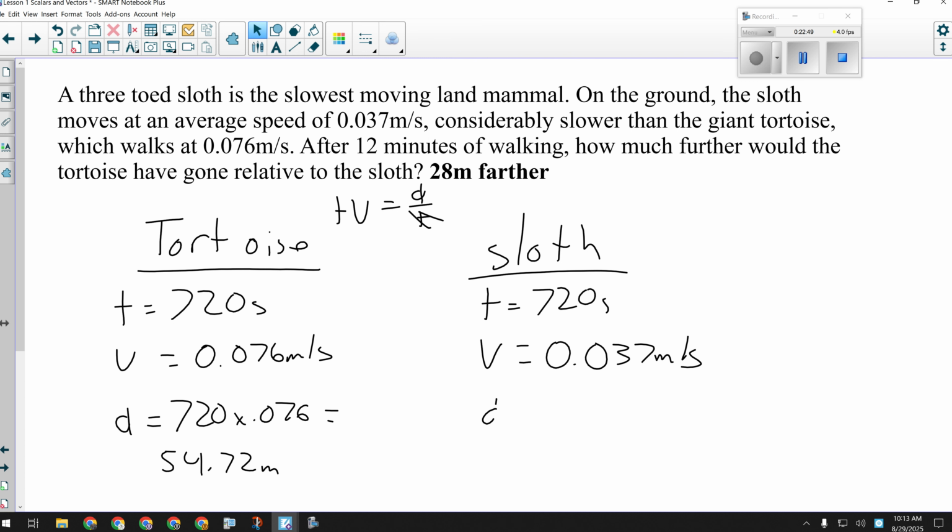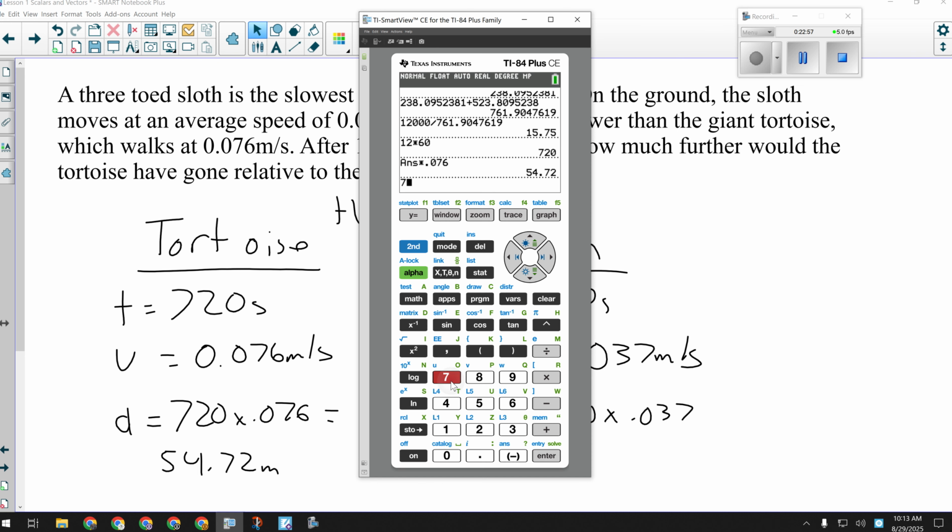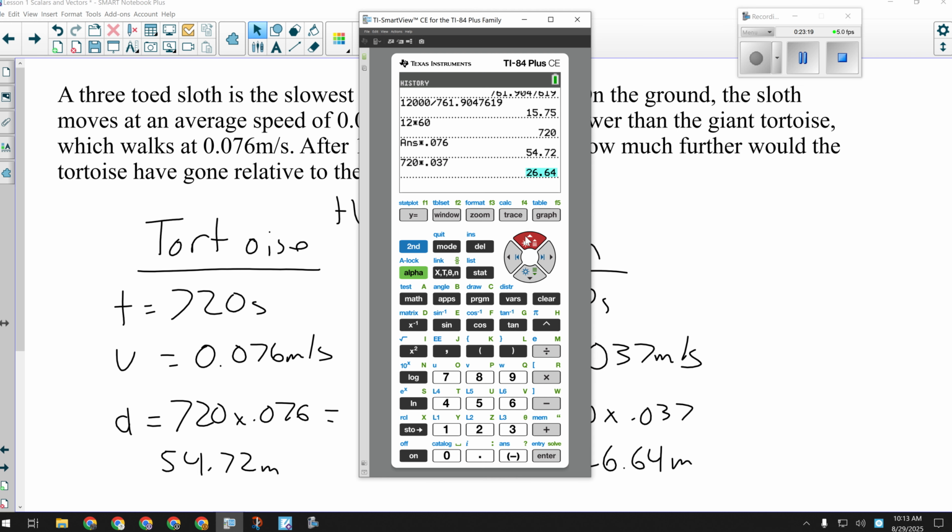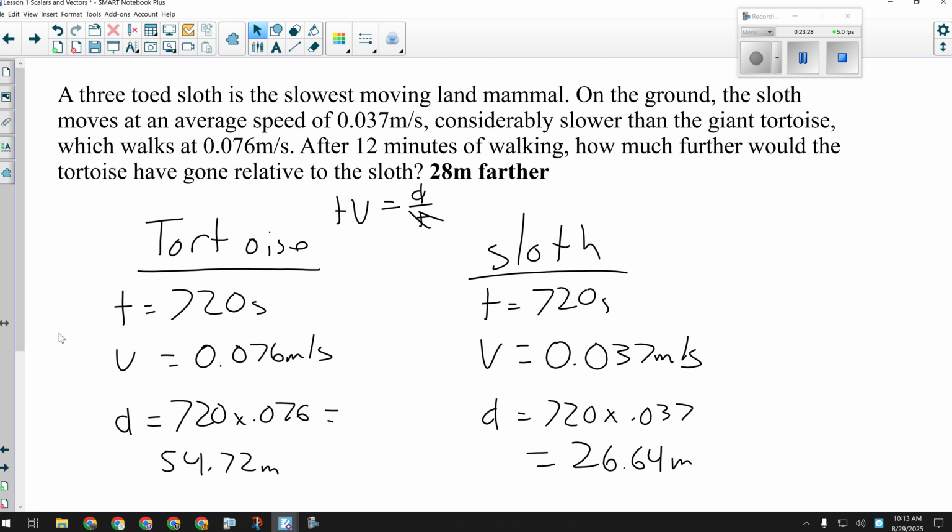Same thing here, D is going to be 720 times 0.037, so we got 26.64 meters. Then it just wants to know how much further, so those two numbers need to be subtracted. You take your 54.72 and subtract the 26.64, and you're going to get 28 meters as the difference in travel.